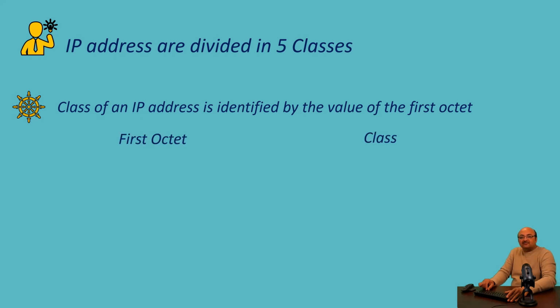So, if the value of the first octet of an IP address falls between 0 and 127, it is considered to be falling under class A. If it is between 128 and 191, it falls in the class B category.